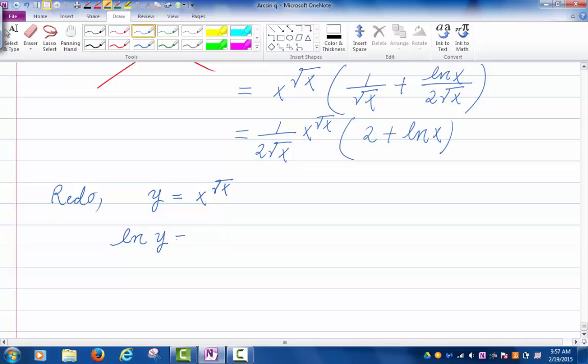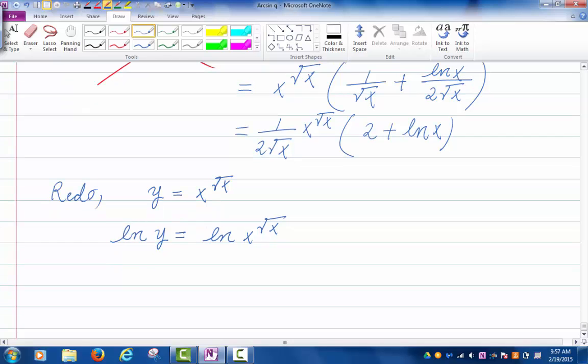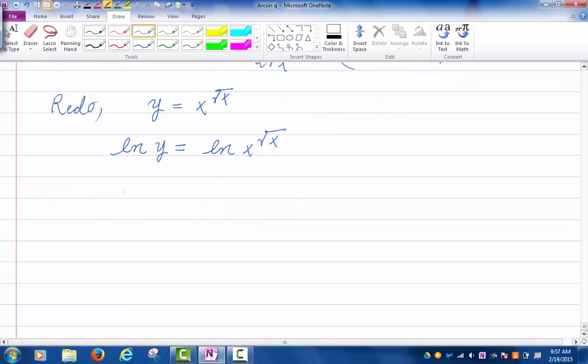What's the derivative on the right hand side? By the product rule, I get root x times 1 over x, plus the derivative of root x, which is 1 over 2 root x, times ln of x, right? That's the product rule. What's the derivative on the left hand side?